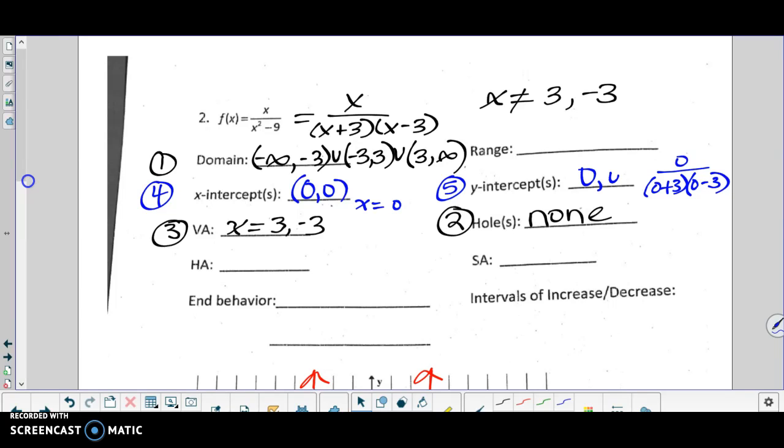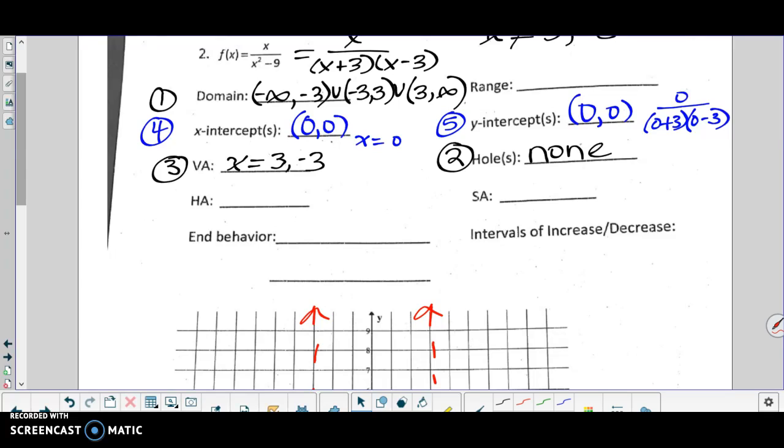So my y-intercept is also 0, comma 0. So I already got that point down there. My x-intercept and y-intercept end up being the exact same point, which is okay. If you do 0 plus 3, that would be 3, and then 0 minus 3 is negative 3, so 3 times negative 3 is negative 9, and 0 divided by that is 0.